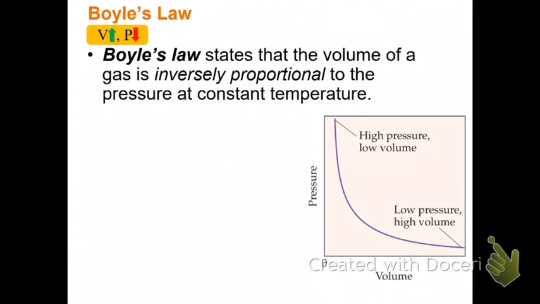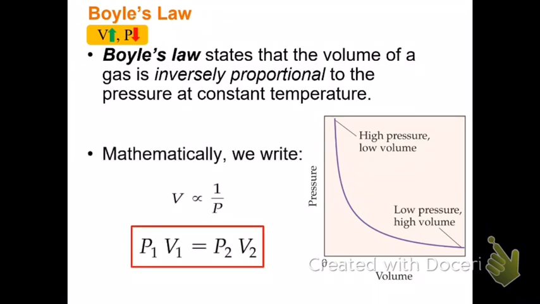All right, so let's look at Boyle's law. So Boyle's law basically states that the volume of the gas is inversely proportional to the pressure of the gas at constant temperature. So mathematically, this is the relationship between pressure and volume. So again, this has to be at constant temperature and constant number of moles.